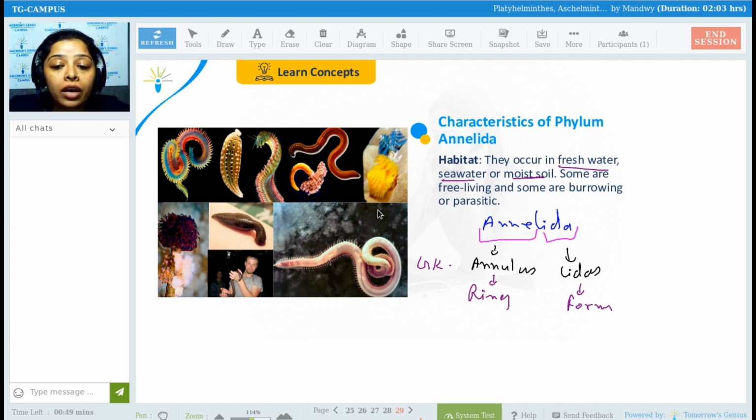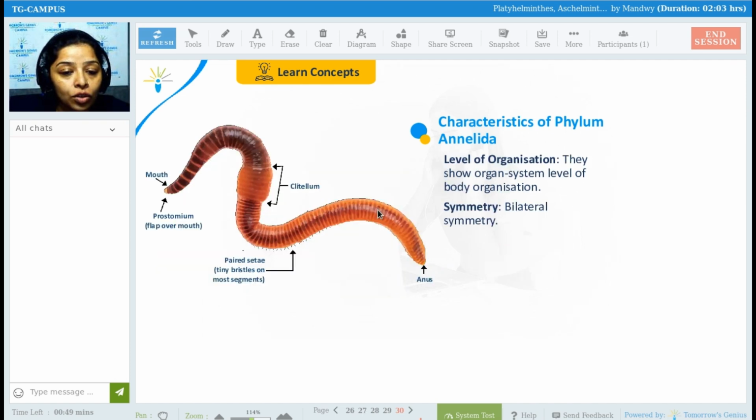Some of the organisms are free living, like earthworm, whereas some like leech are parasitic, because they feed on the host.